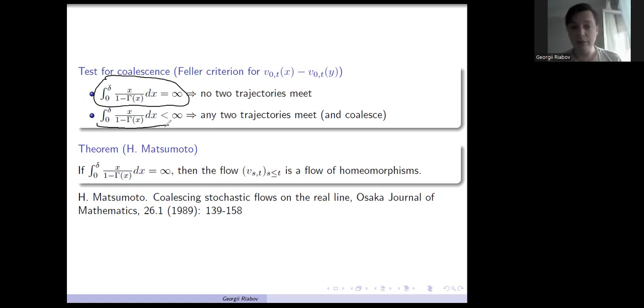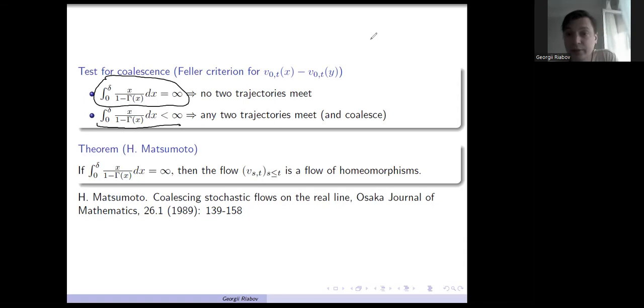If the integral is finite, then in the flow, any two trajectories meet in a finite time. And at the meeting time, they coalesce and continue their motion as one trajectory.